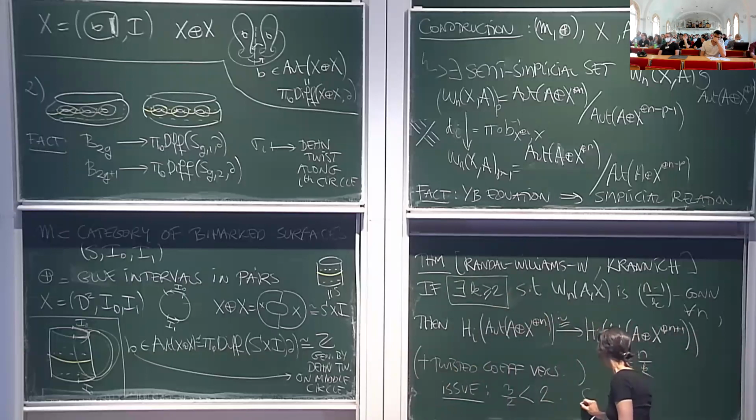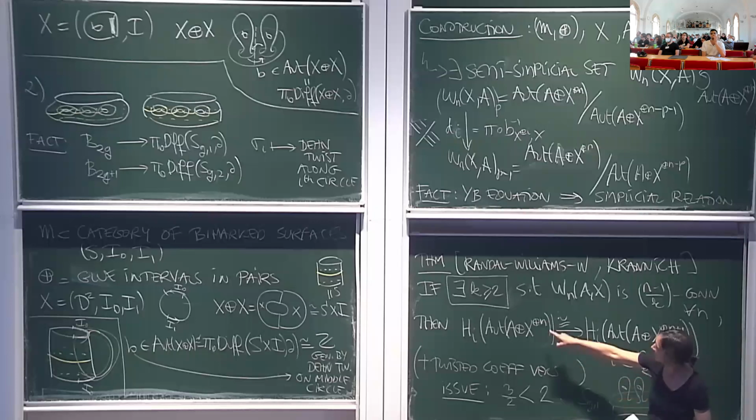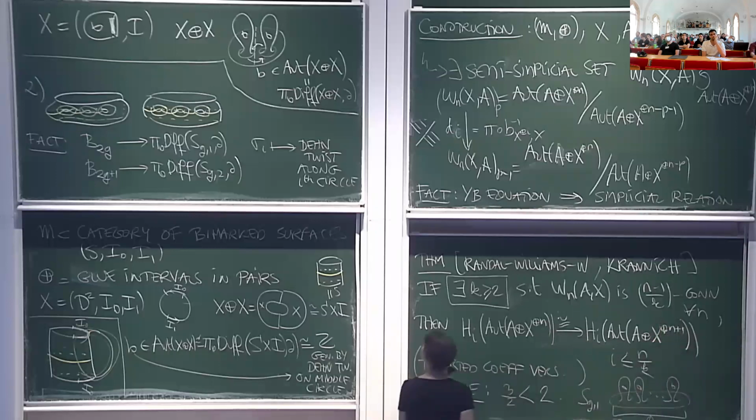Well, we are thinking of our surface as genus g, and we counted the genus and said there are g of them. And this is sort of our rank in this theorem, right?